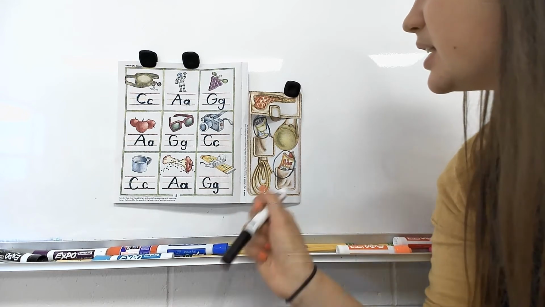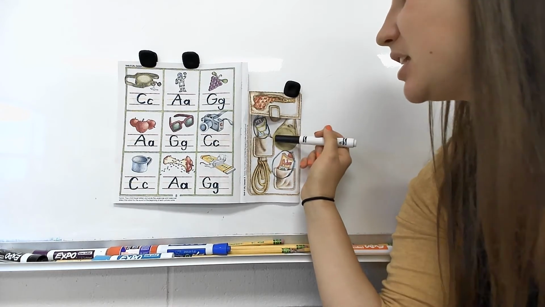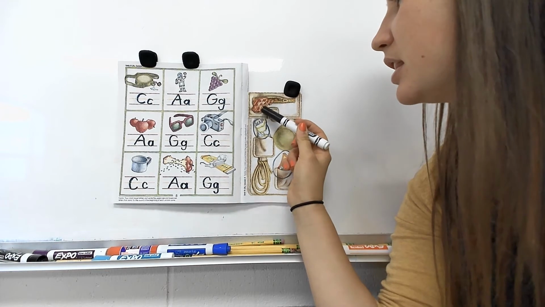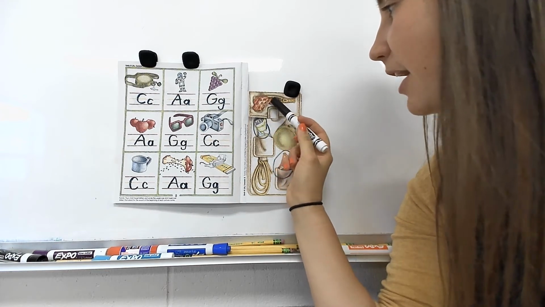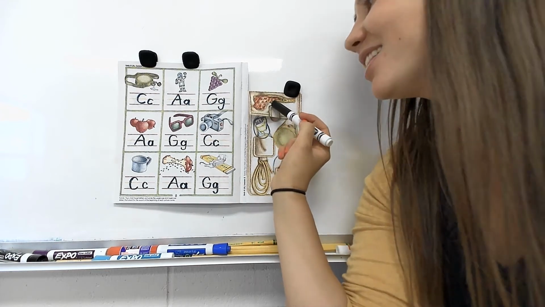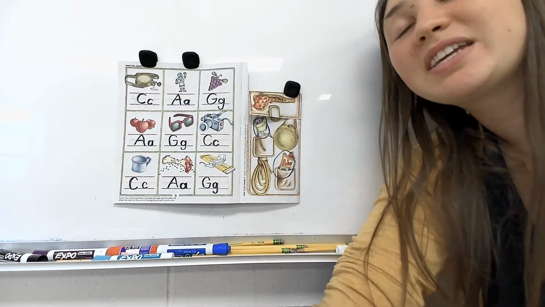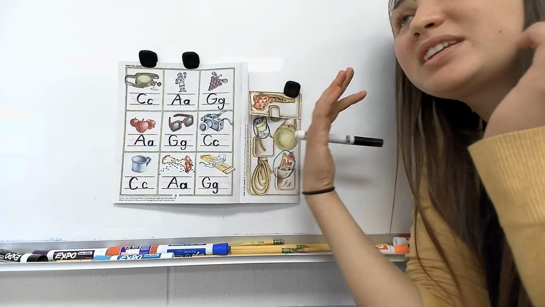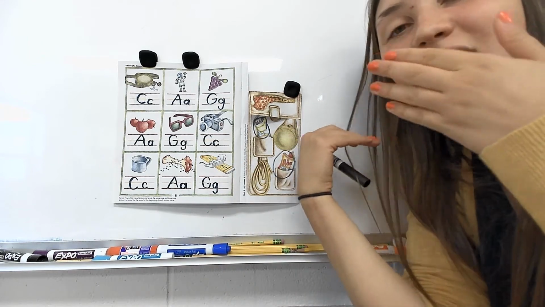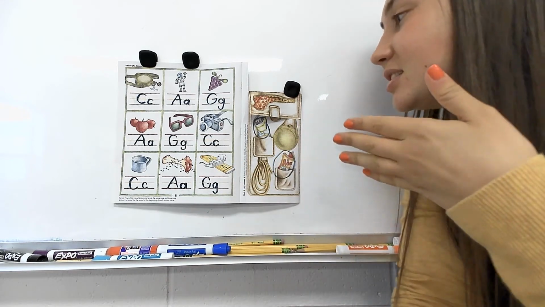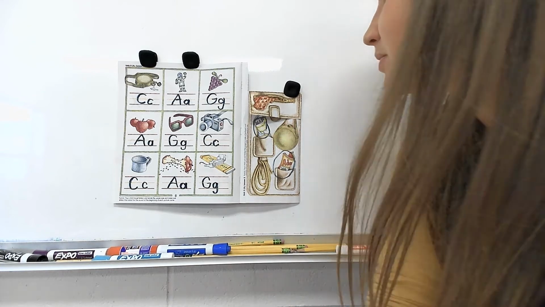We already talked about the canteen. What about up here? This is kind of like a rag. It has some spots on it. This is called a bandana. A lot of people use it to put over their face to cover the dust when they're going on an adventure.